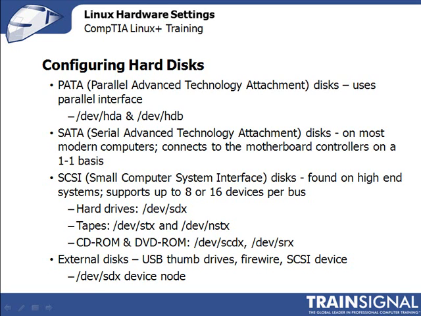External disks can be USB thumb drives, FireWire, or even another SCSI device. And as I stated before, these will be treated like any other internal SCSI device. So if you plug one in, you'll see a /dev/sdX device node appear. Certification candidates should thoroughly understand these hard disk types as well as their naming conventions.